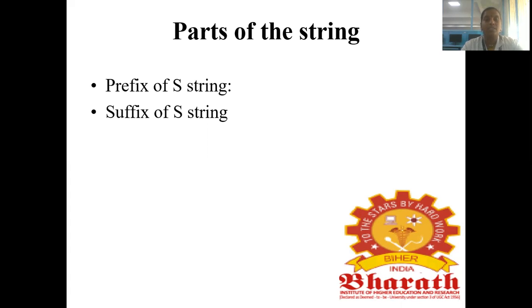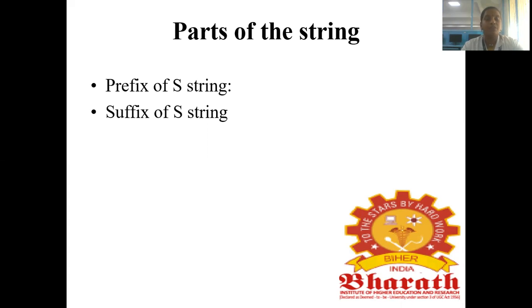Next one is a suffix. All the strings formed by deleting zero or more of the leading symbols of S is called a suffix. For example, I take the same concept of banana. So NA is a suffix of banana.